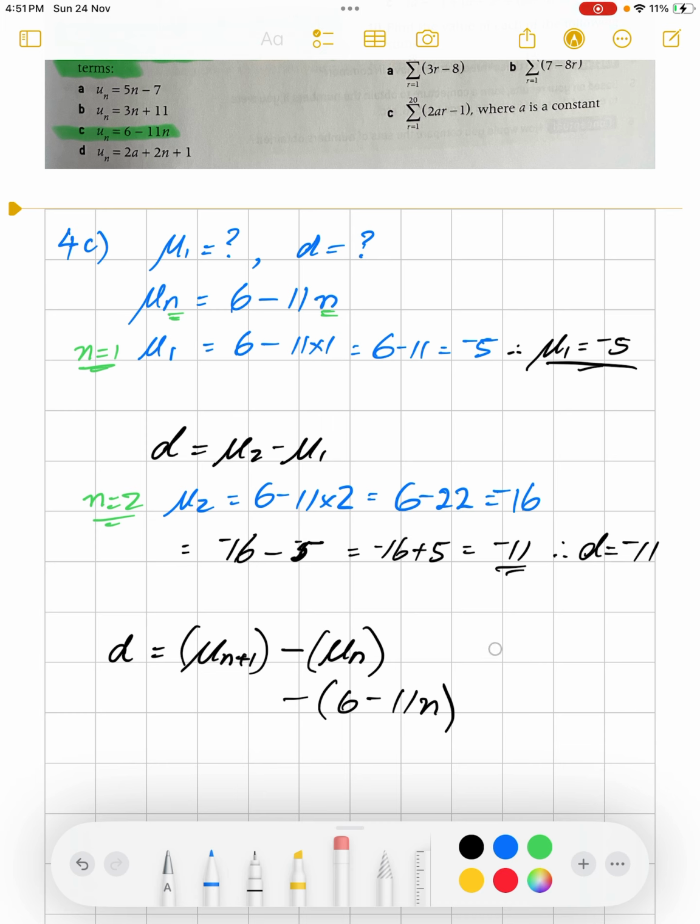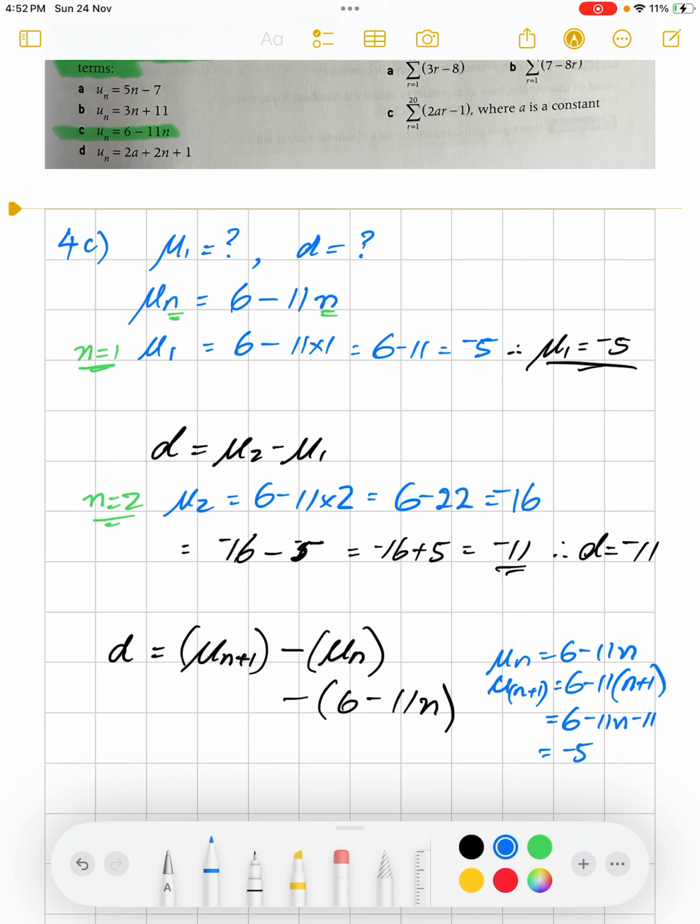If our general formula is 6 minus 11n, then our n plus 1th term is 6 minus 11 times n plus 1. Now let's have a look at this math here. We could then get 6 minus 11n minus 11.